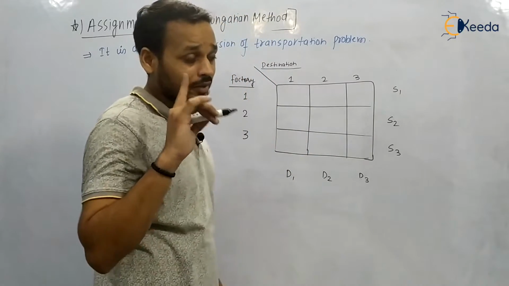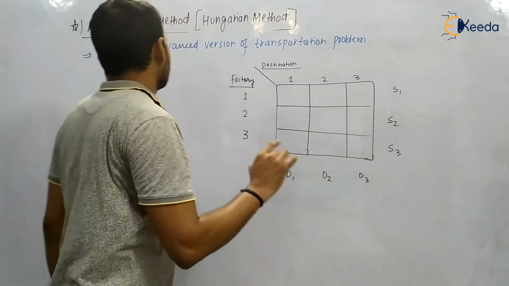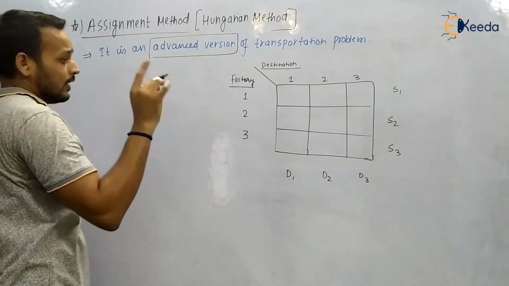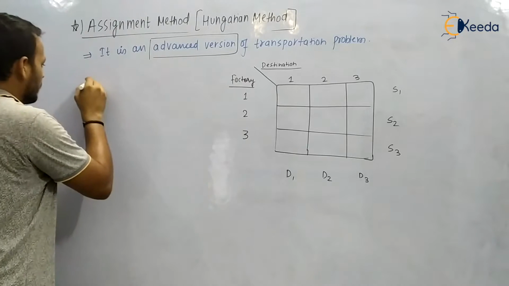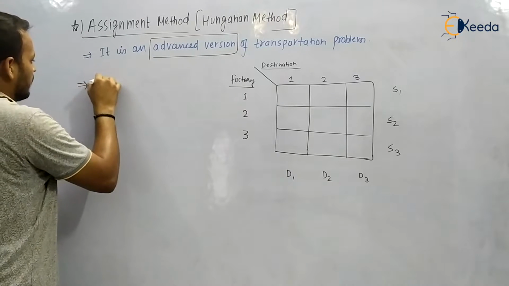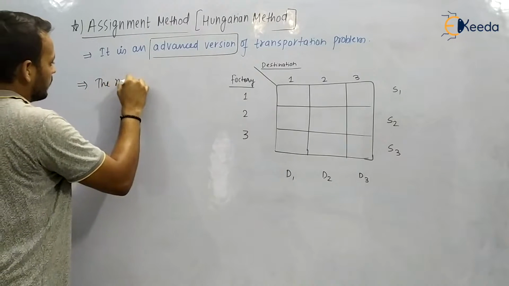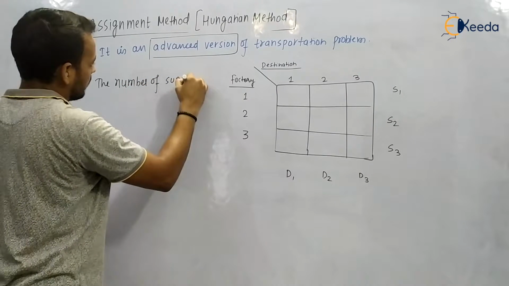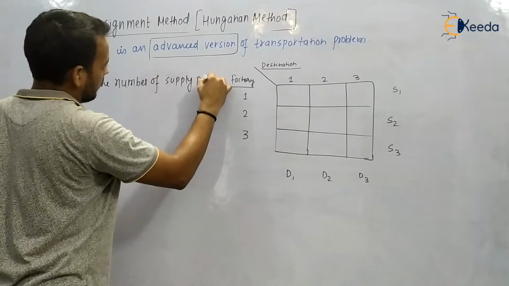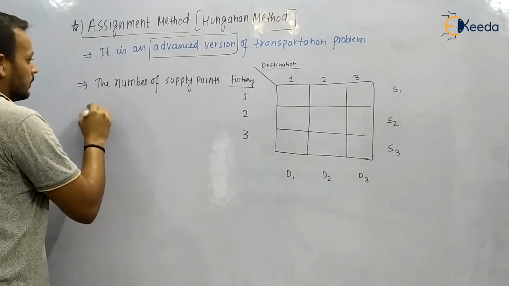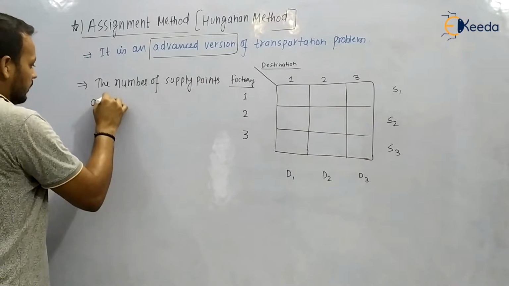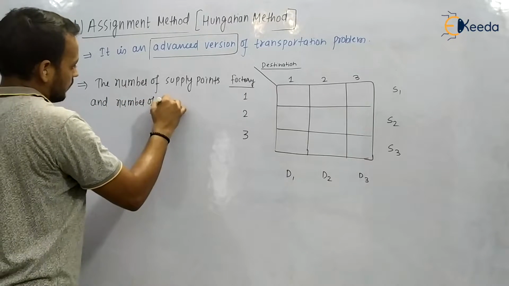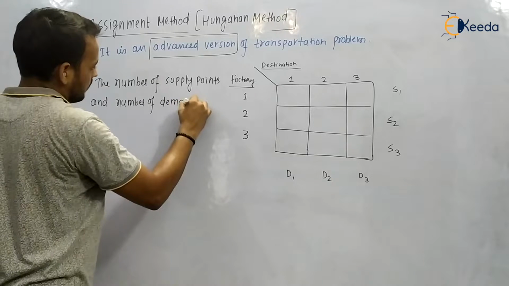In the Hungarian method, always remember that it is an advanced version, so the number of supply points and the number of demand points will always be equal.